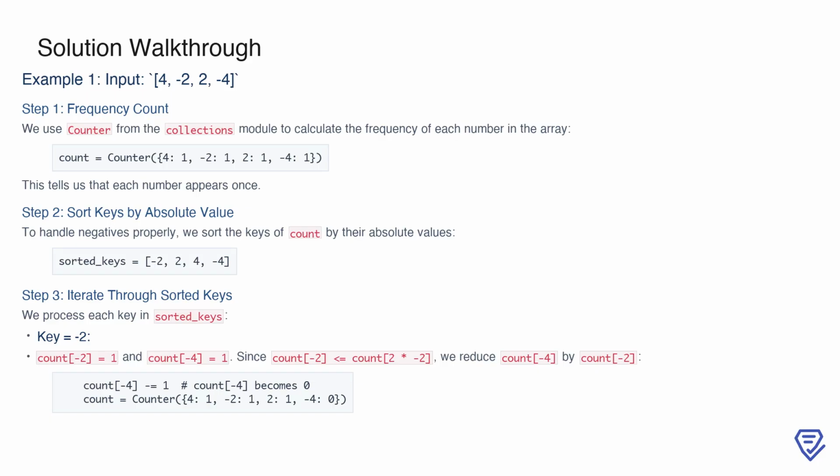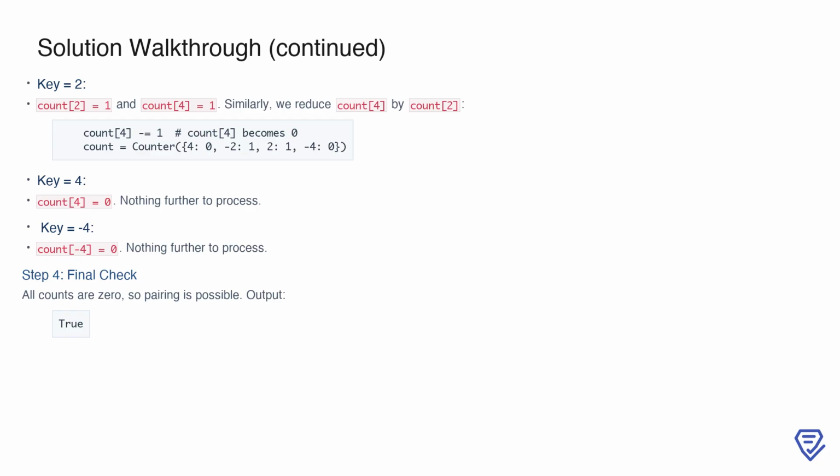This ensures that we are correctly pairing -2 and -4. Continuing with the next key, 2, we find that count[2] equals 1 and count[4] equals 1. Again, since count[2] is less than or equal to count[2 * 2], we reduce count[4] by count[2]. This results in count = Counter({4: 0, -2: 1, 2: 1, -4: 0}).